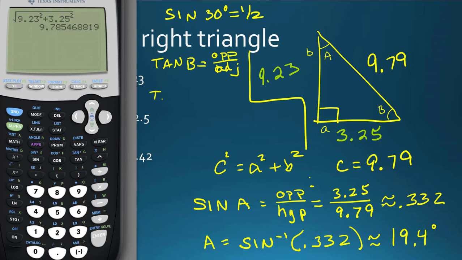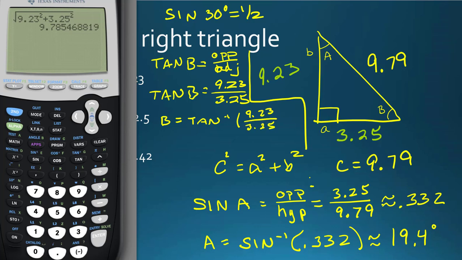So the tangent of B is going to be the opposite, which was 9.23, over 3.25. You don't have to do this, I'm just doing this because I'm a crazy person. It turns out I didn't need that after all. So B is equal to the inverse tangent of 9.23 over 3.25. I'm doing this to show all my steps for the moment.